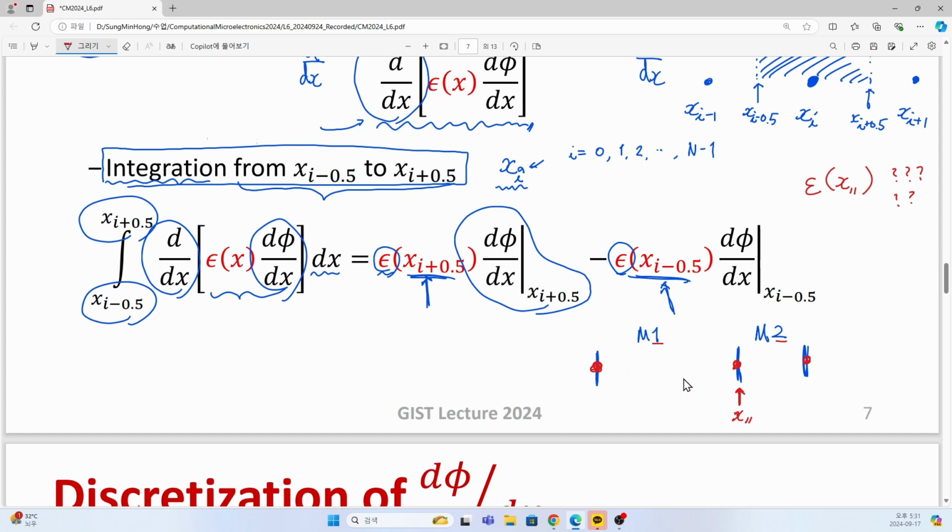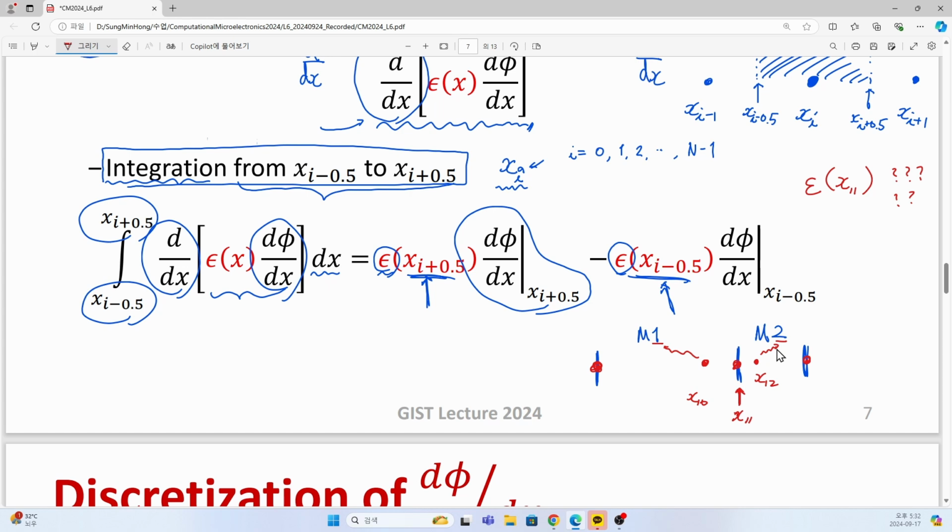However, if we ask what is the permittivity at x sub 10 or at x sub 12, then it is easy to answer because x sub 10 certainly belongs to M1 material, and x sub 12 certainly belongs to M2 material.